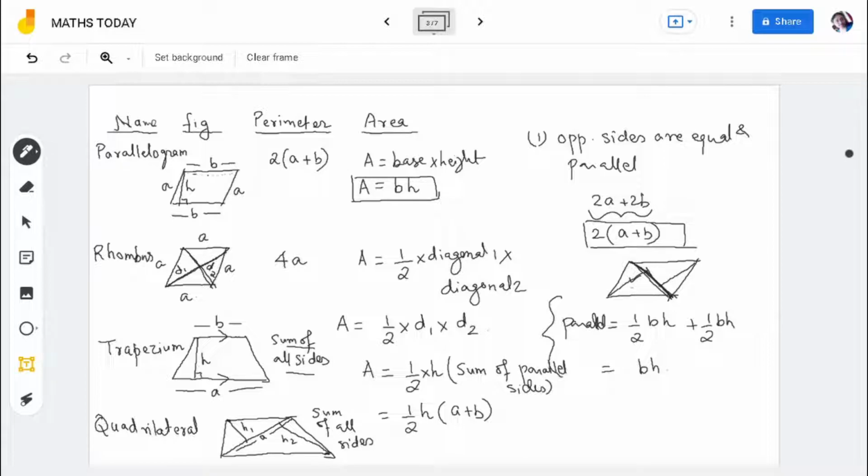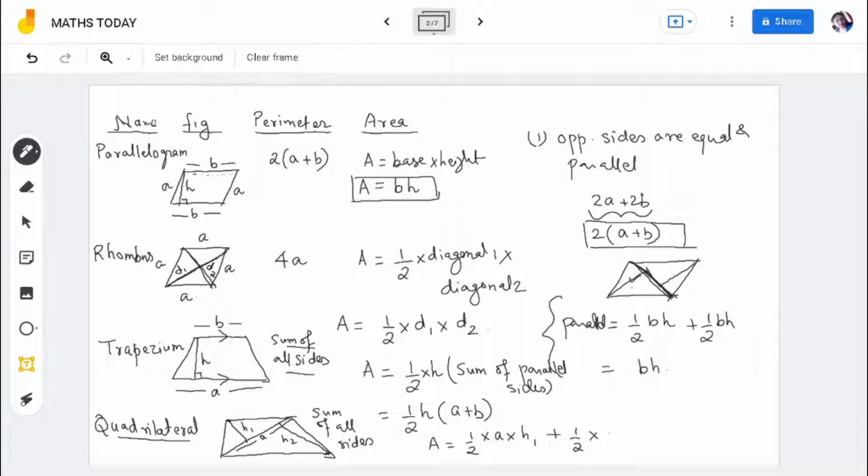So the same thing I am going to write down here. Area is equal to the first triangle, half into base A and height h1, plus the second triangle, half into base A again and height h2.